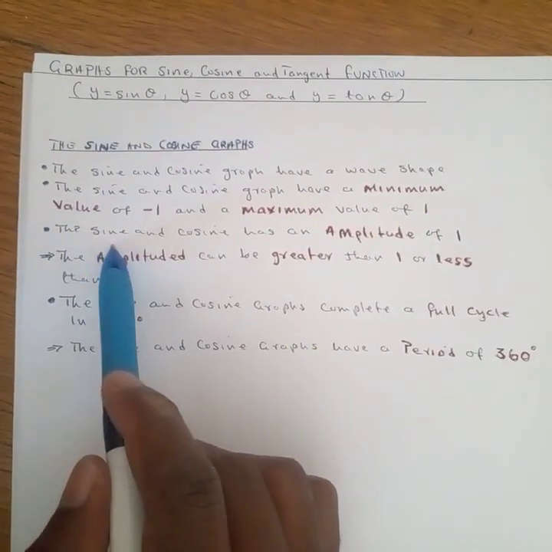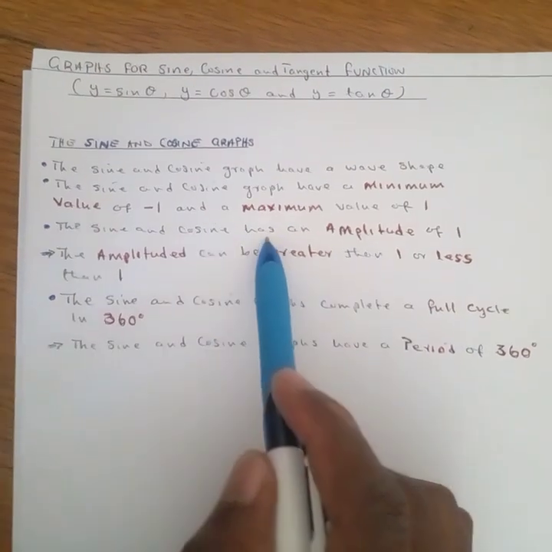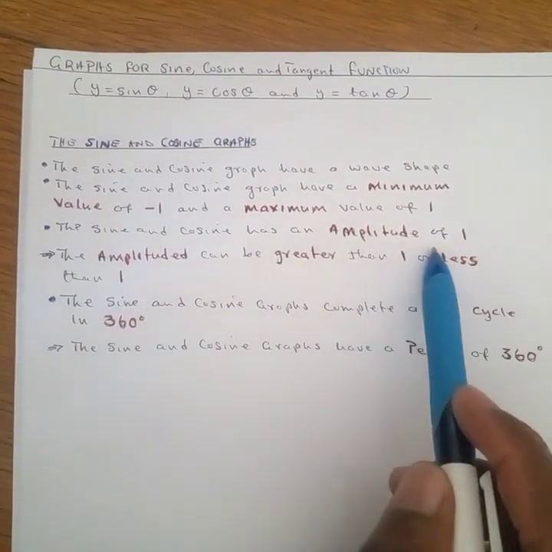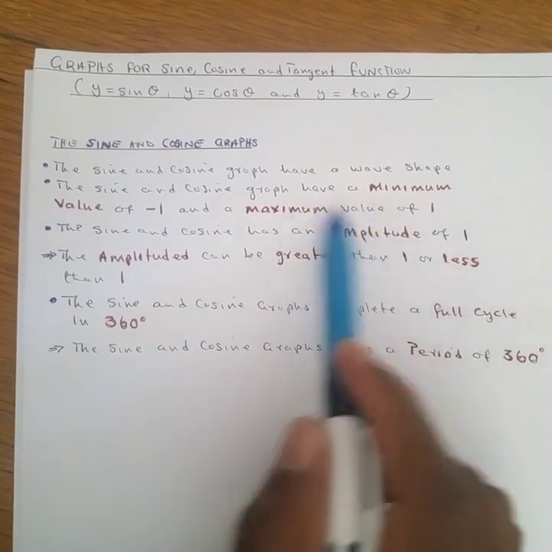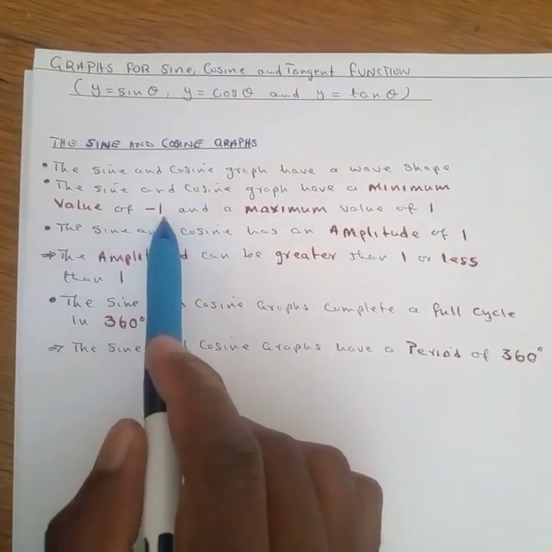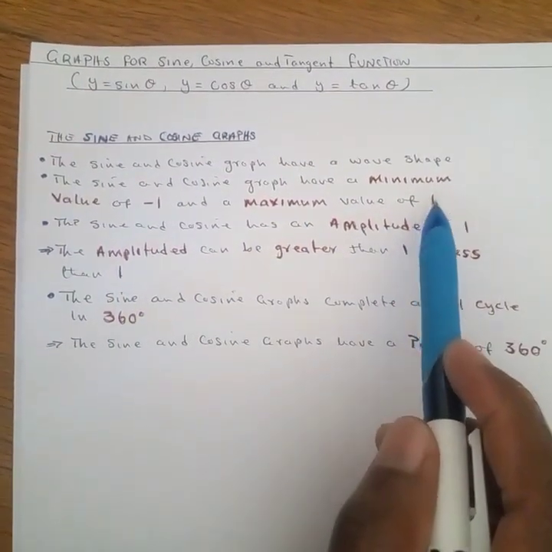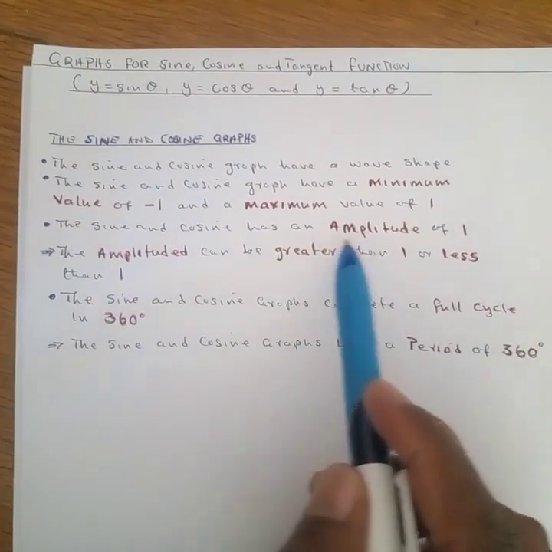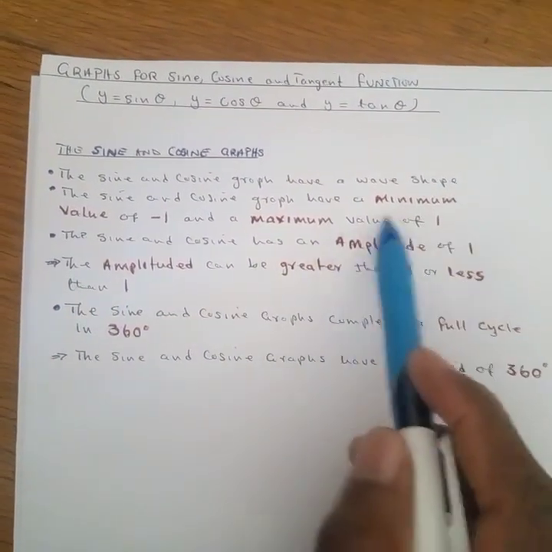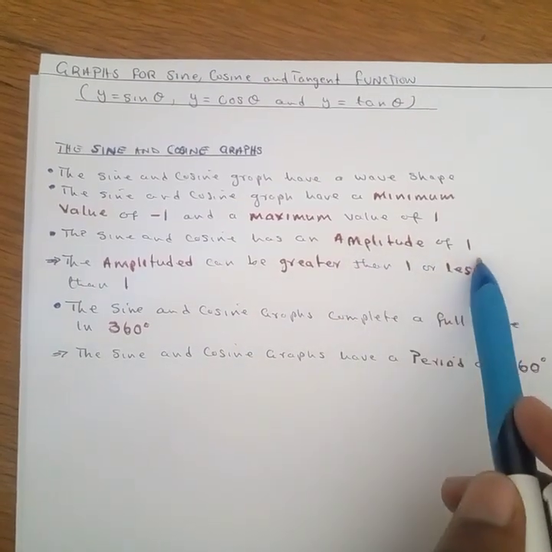The sine and cosine has an amplitude of 1. Because we say that the sine and cosine have a minimum value of -1 and maximum value of 1, hence we say that the sine and cosine has an amplitude of 1. Instead of saying minimum value, we just say amplitude of 1.